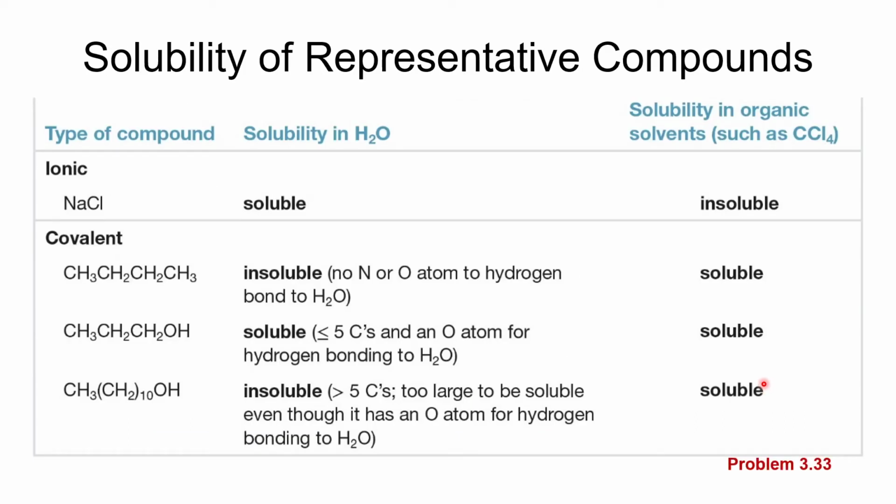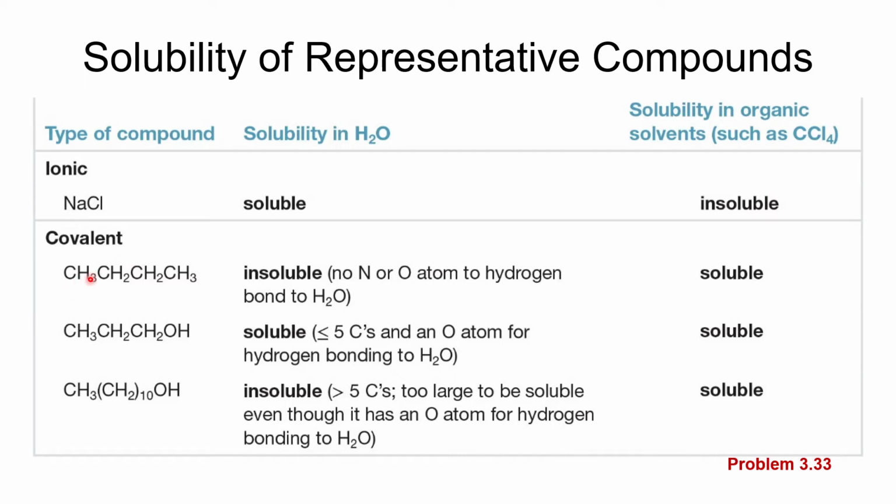All right, so wrapping up all the solubility things that we've talked about: ionic compounds, and it's definitely not all ionic compounds, but many of them, will be soluble in water and insoluble in nonpolar organic solvents like carbon tetrachloride or benzene.